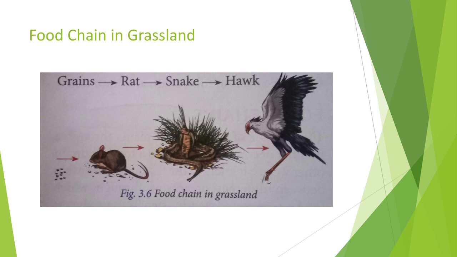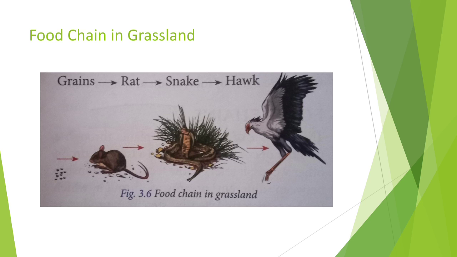Food chain in grassland. In case of grassland, the grass and other plants need energy, so they get the energy from the sunlight and they prepare the food.